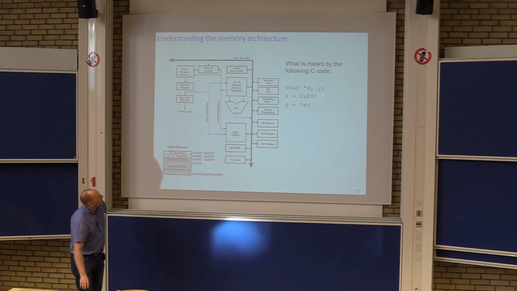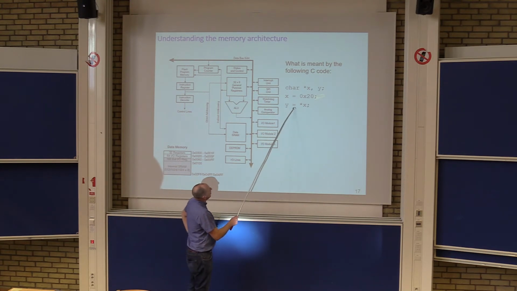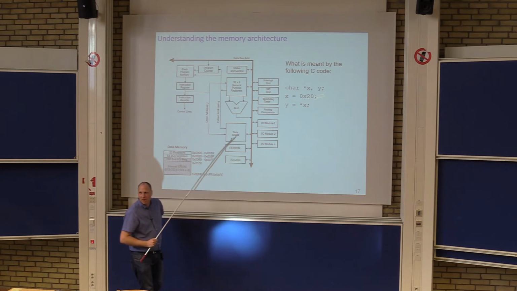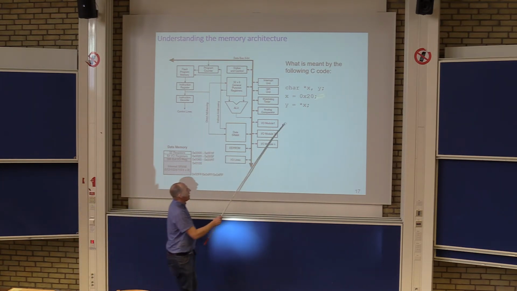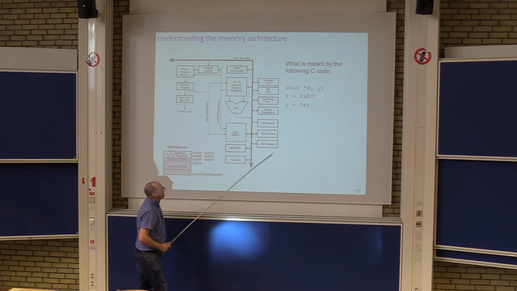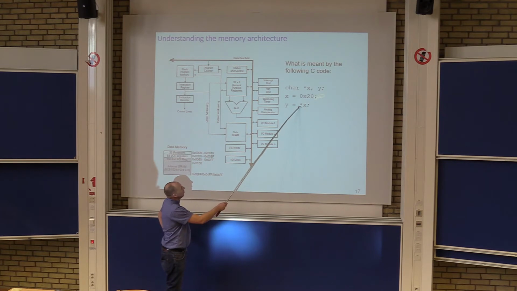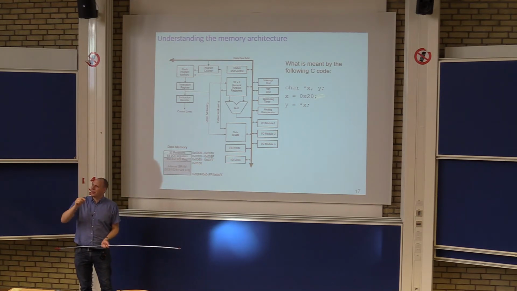Okay, so if we now write like this, y is equal to star x. What does that mean? So remember now that x was an address, and now when we put the star before here, we will look at what is the value at the address pointed to by x.